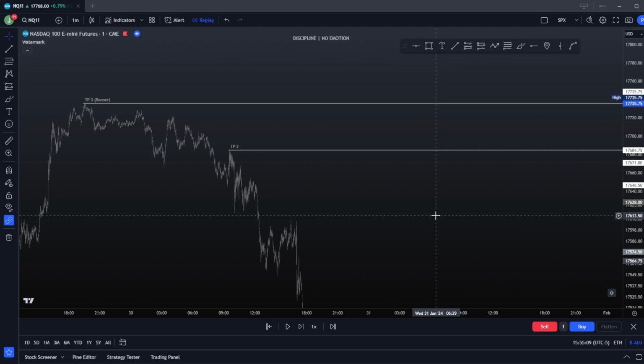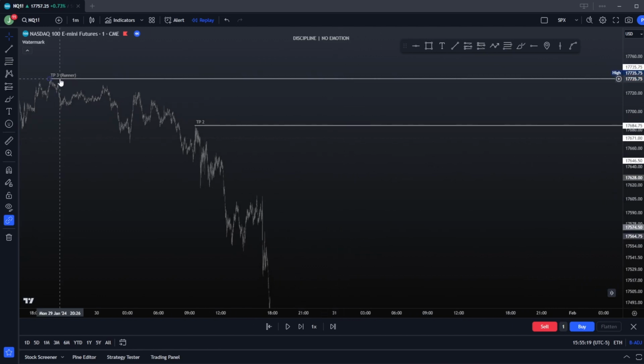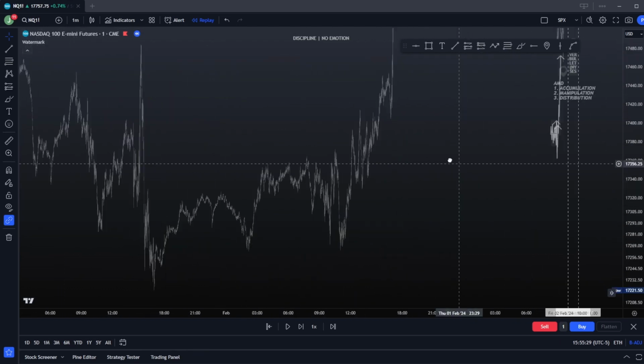And gaining those skills to recognize those confirmations will assist you in being able to scale out of your trades and trail your stop properly when you can realize those critical points.